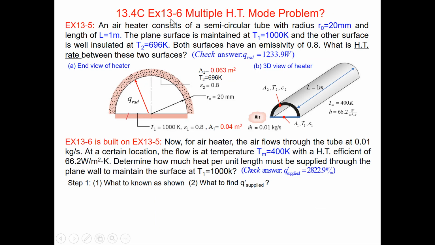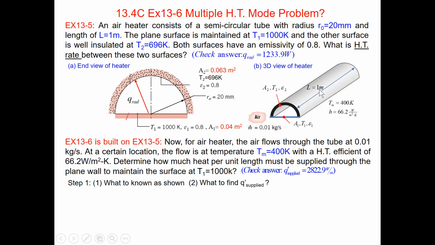C. Example 13-6. Multiple heat transfer mode problem? Example 13-6 is built upon example 13-5. For this air heater, now we have air flowing through the tube at mass flow rate m dot.